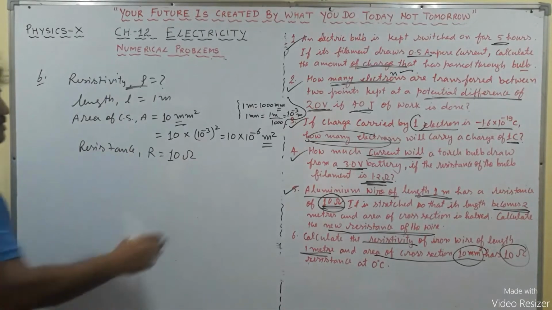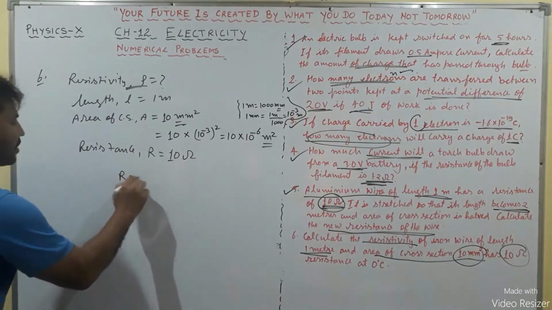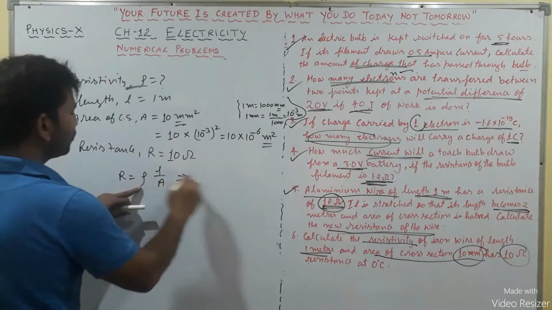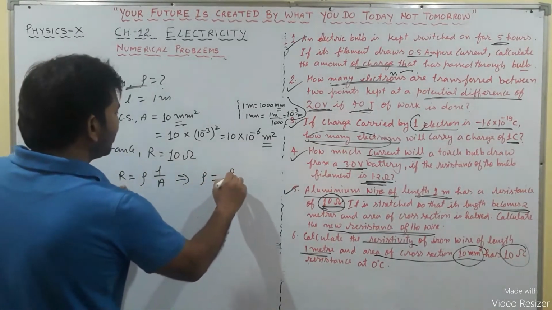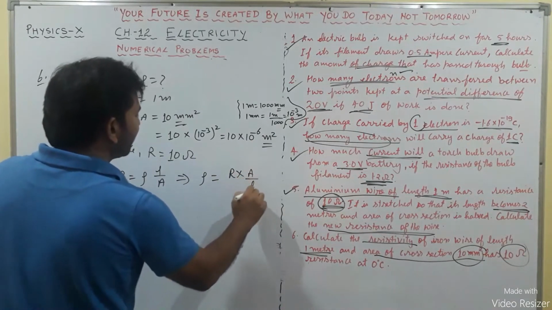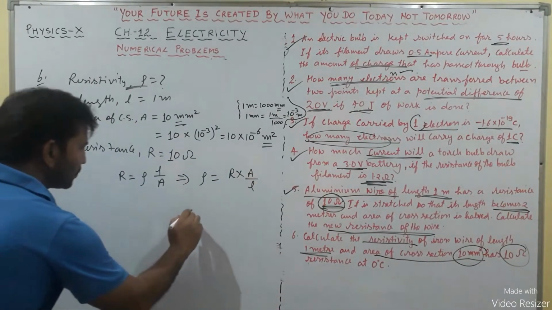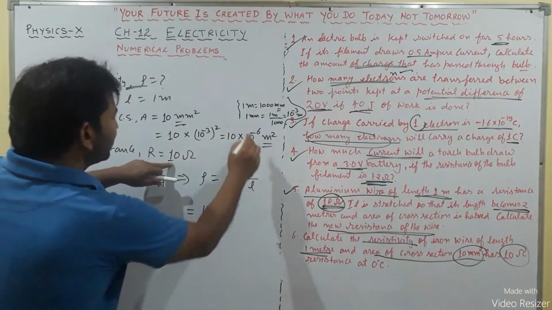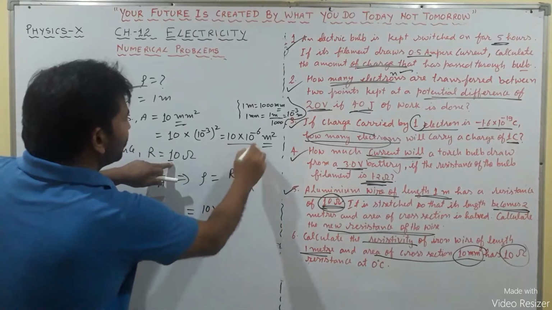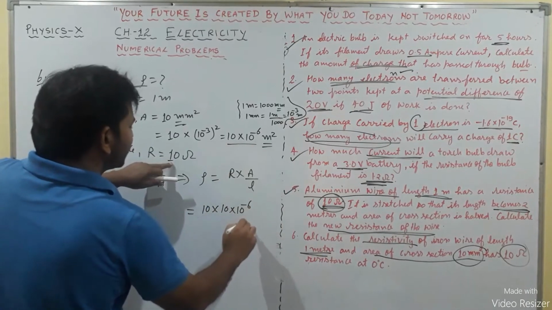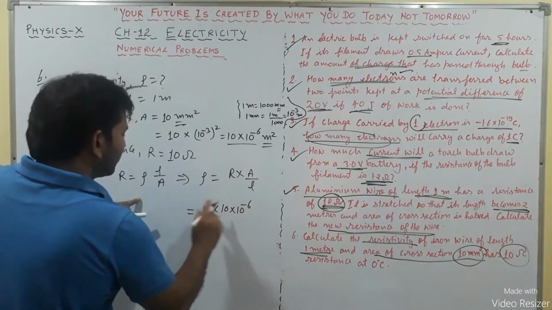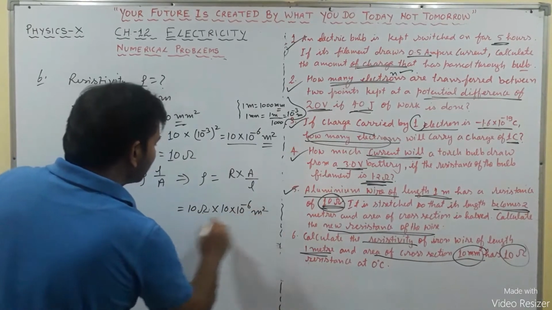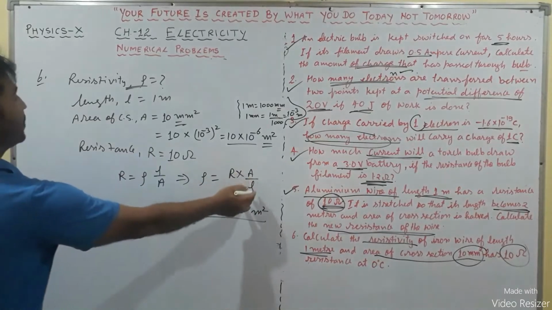So again, by using this relation, R is equal to rho L by A. But we need to find the rho. Rho is equal to R into A by L. By putting the values, what is the value of R? That is 10 ohm. What is the value of A? That is 10 into 10 raised to power minus 6 meter square. And what is the value of length?